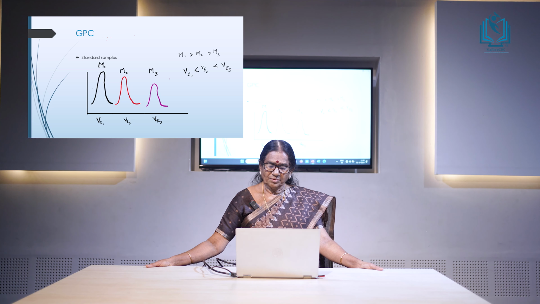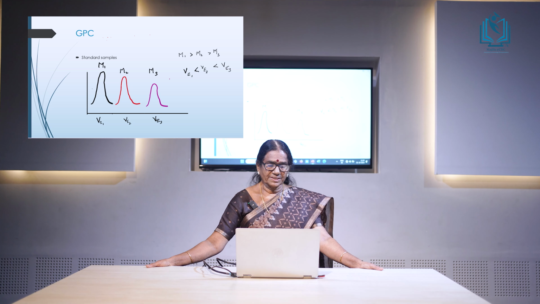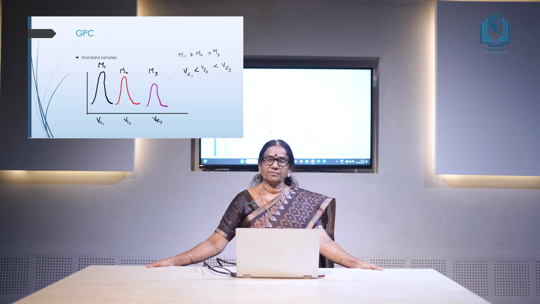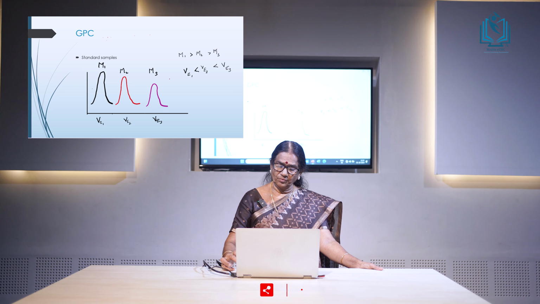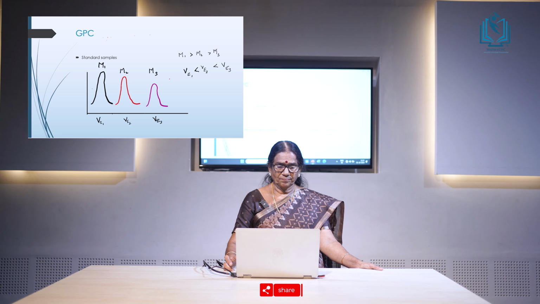M2 is another molecular weight, the second standard sample, and VE2 is its elution volume; then M3, VE3. If M1 is greater than M2 greater than M3, then VE1 will be smaller than VE2, less than VE3. So, this is the relationship between molecular weight and elution volume we have determined for the standard samples.